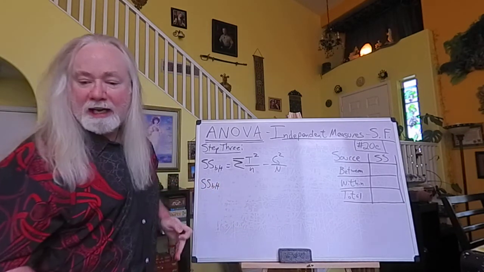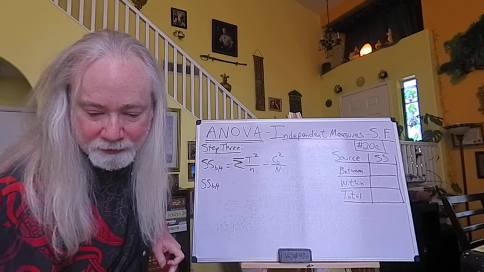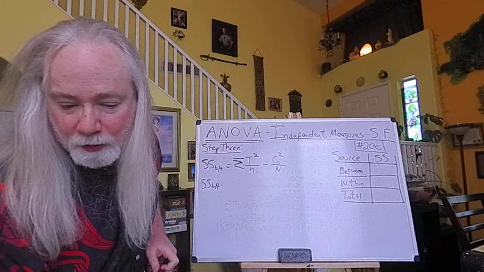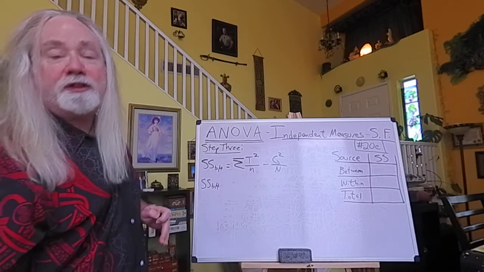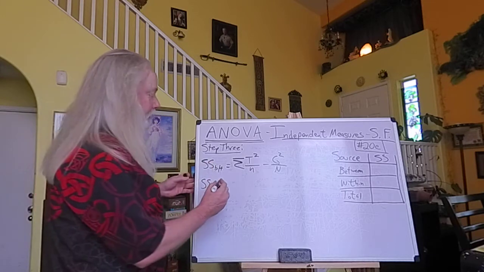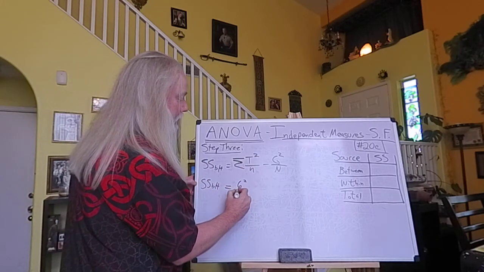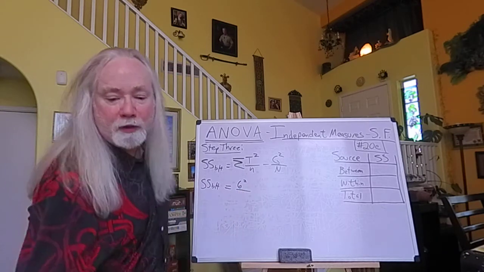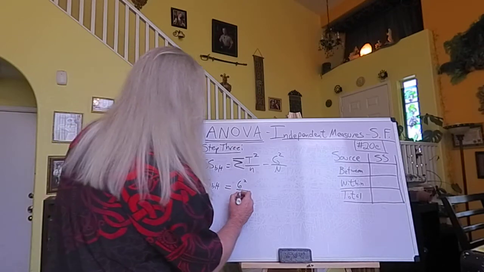Well, when we look in our data, we see that the first treatment total was 6 points. We had to figure that out on our own. So it's 6 points squared. And how many scores are in that group? All the groups are the same. They all have 6 folks in them.